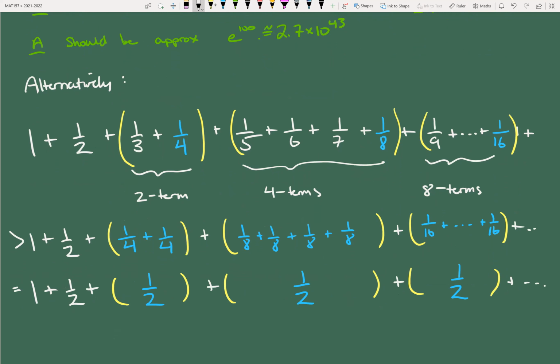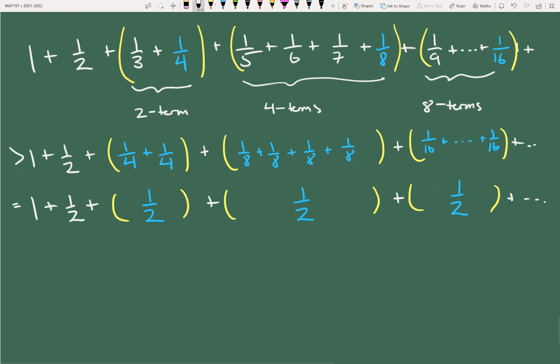Right. And this is always true. Why? Because the way that I've grouped them, I've guaranteed that the smallest element, so in general, what we're going to have is 2^k terms of the form 1/2^(k+1). And that's always going to give me 1/2.